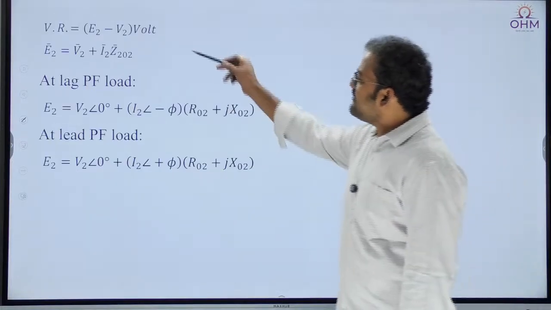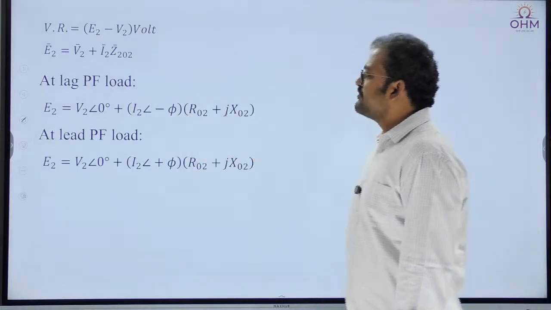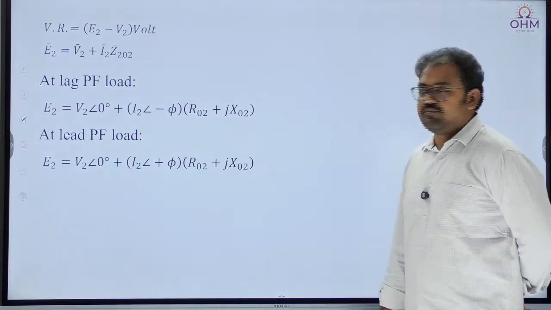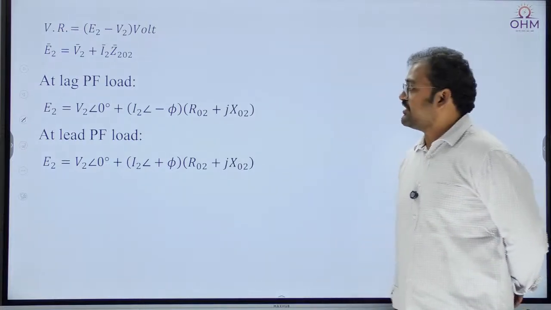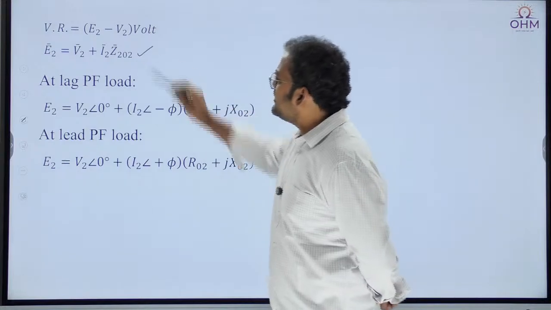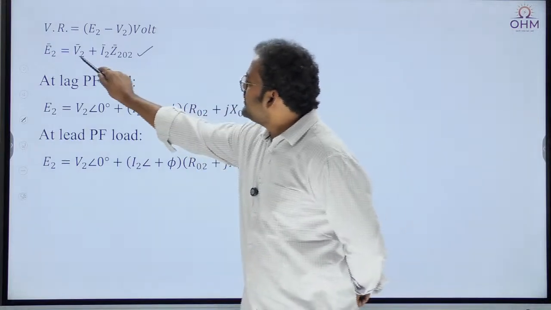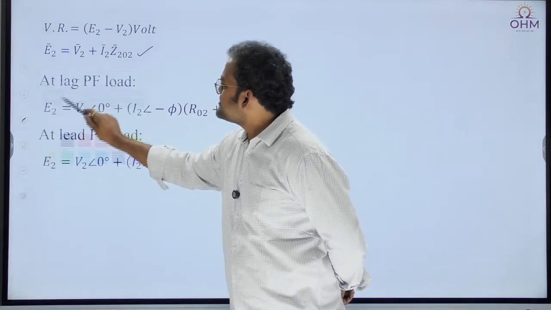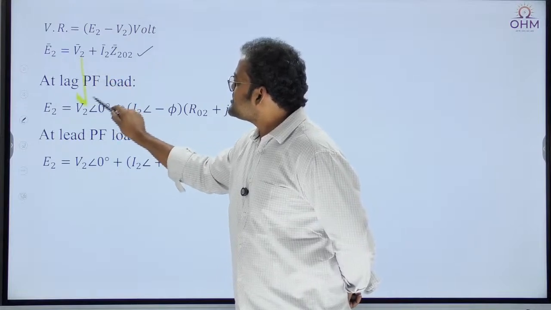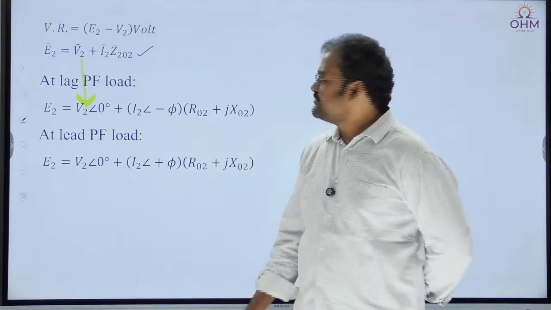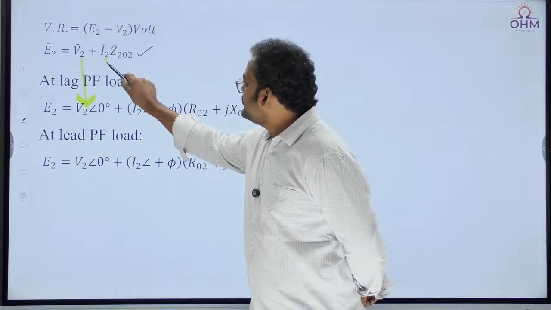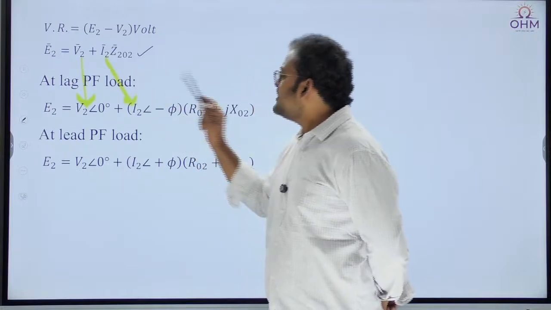And here I gave you clearly the formulas for voltage regulation for lagging power factor as well as leading power factor. See, same formula, same KVL equation. We will take the terminal voltage as reference. Terminal voltage is reference, so V2 is at an angle 0. Coming to current I2, the angle is very important.